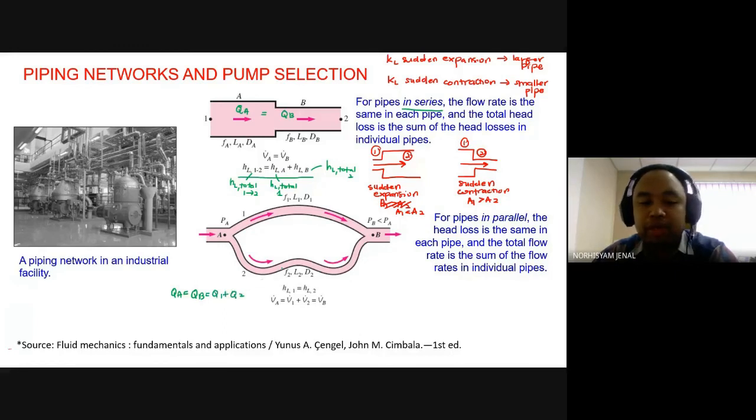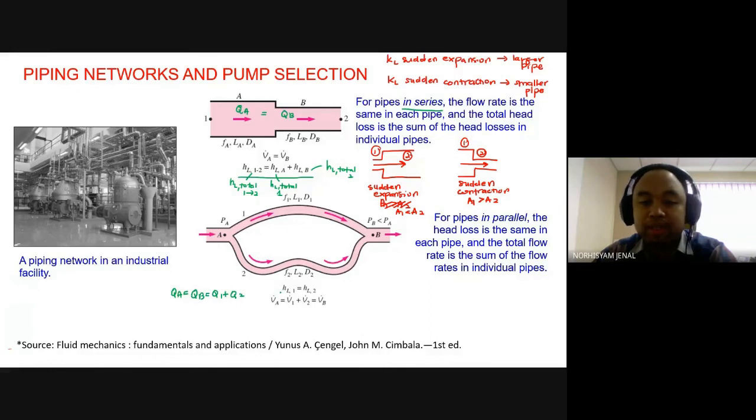I believe you already have learned this in the chapter on equations in terms of branching of pipes. So the volume flow rate will be separated into two also. Q1 and Q2, when you add up, the sum will equal QA and also QB.